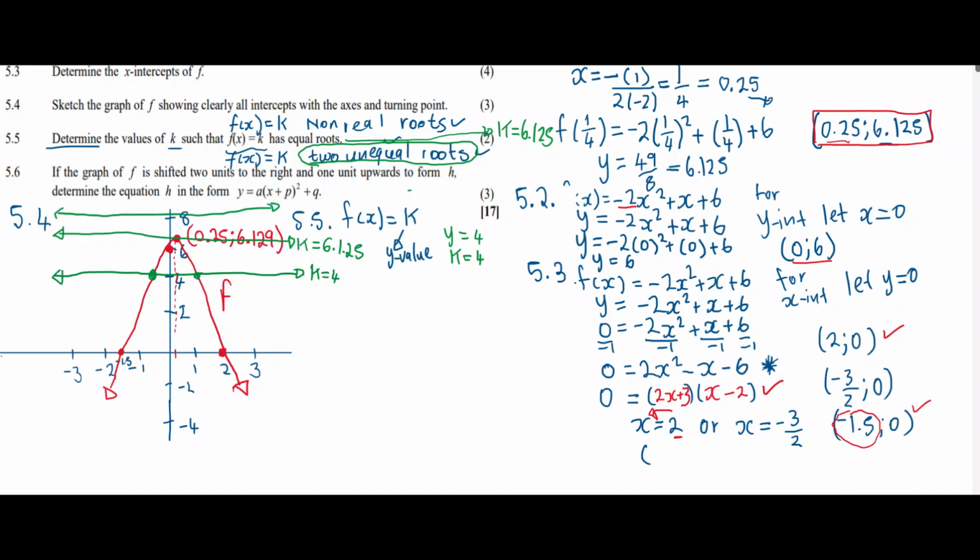But think about this. What if you have some random line that is actually passing through 8? What if the k value was 8 this time around? The k value equal to 8 is not touching your f graph. So that's the case for non-real roots. Those values are specifically just above 6.125.